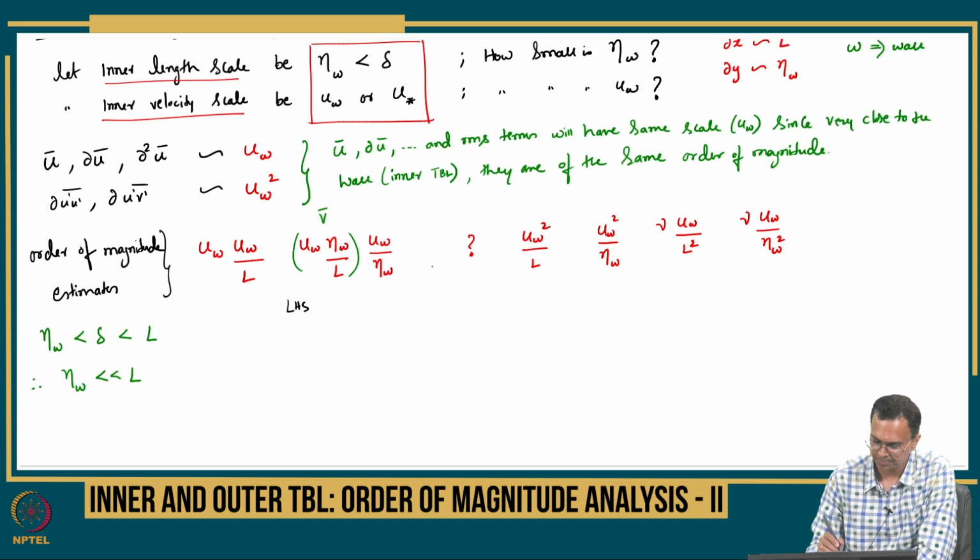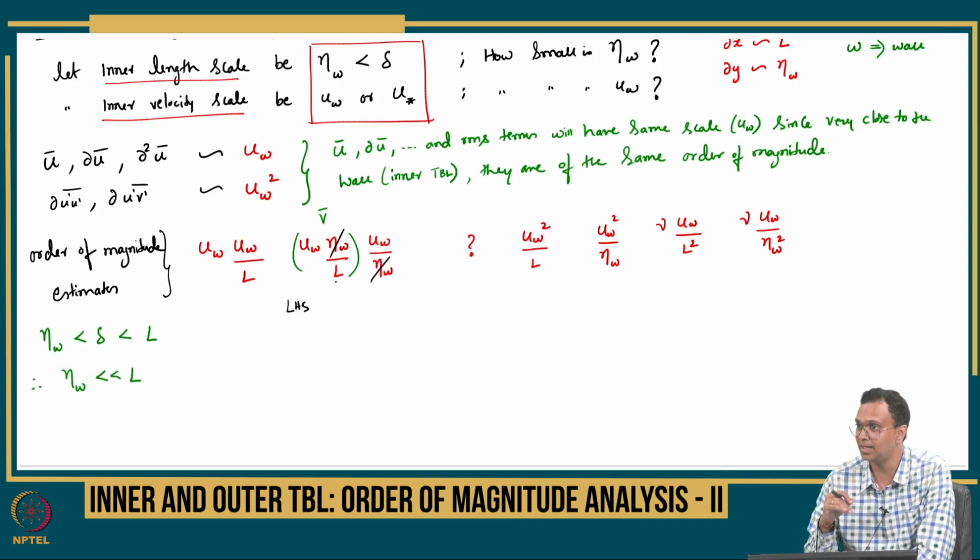If I take out this eta w also, I can have these two terms removed, then the left hand side terms both are of the same order of magnitude, uw by L, uw by L. Now suddenly when you go very close to the wall, the LHS terms are same. There is no big brother, small brother. Both are now twins of the same order here, when you are inside eta w, the inner turbulent boundary layer.